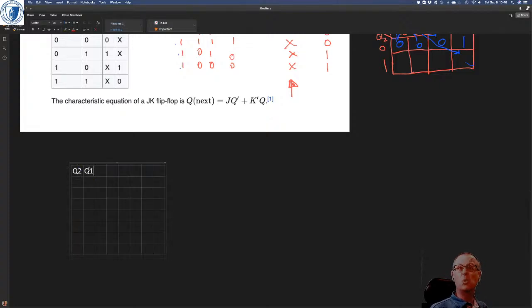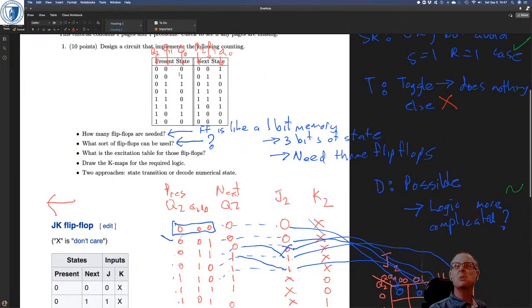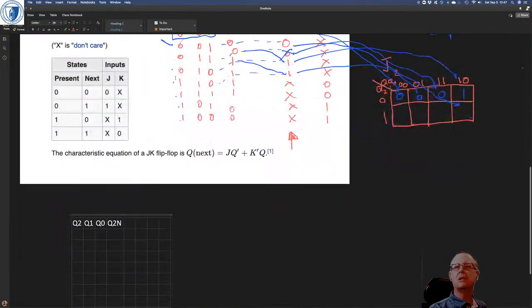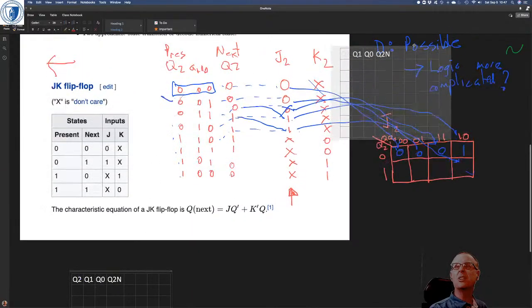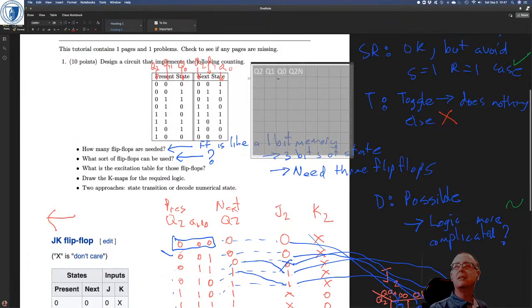This is Q1, and this is Q0. This is Q2 next. I'm going to take this transition table, so let's see if we can move this table up so I can see both of them at the same time and fill it in.